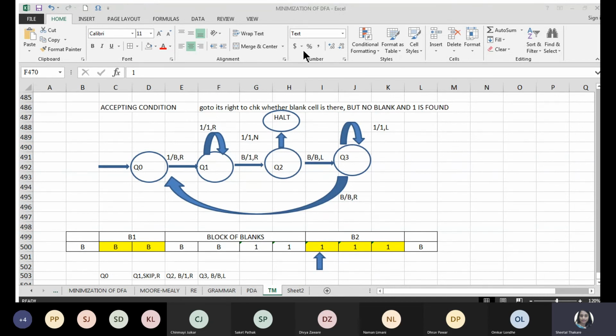If you felt that there is any problem in a transition definition, or you are not convinced, you should tell that also, so that we can discuss why it has been connected here. In the same example, what I told you, that instead of having this B/BL, if you connect it to Q0, what will happen?